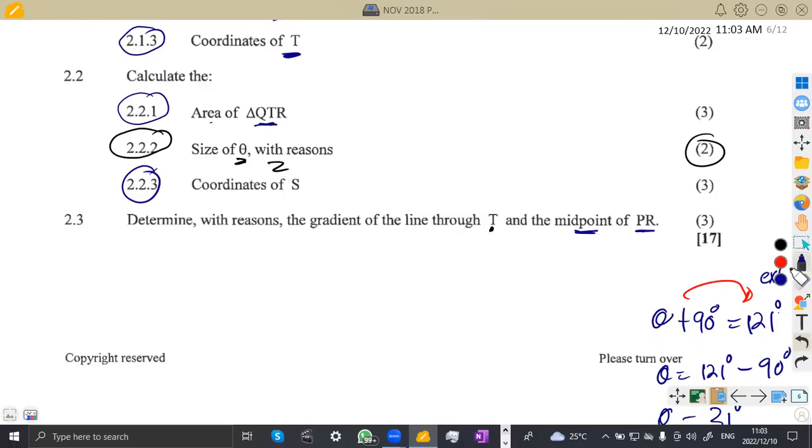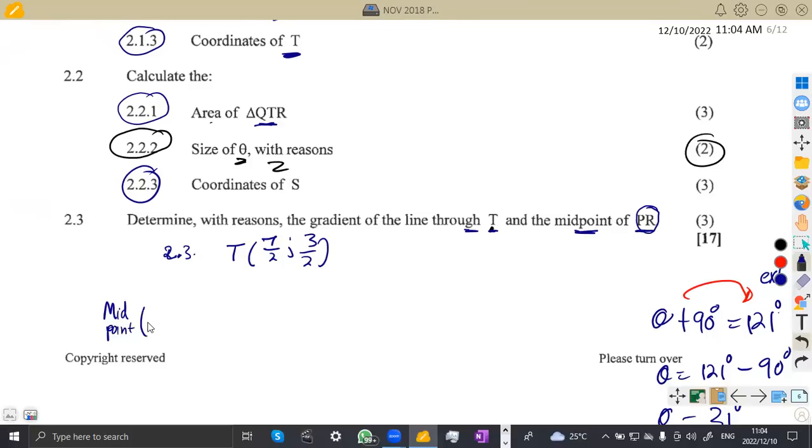All right, so we are going to have our 2.3. The point T we already have because the line passes through the point T, and T is (7/2, 3/2). And the midpoint of PR, we never calculated. So that means we are supposed to calculate the midpoint of PR.